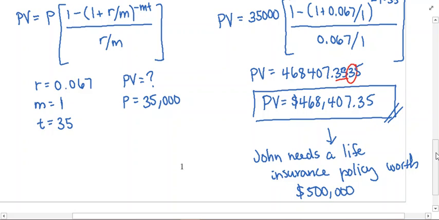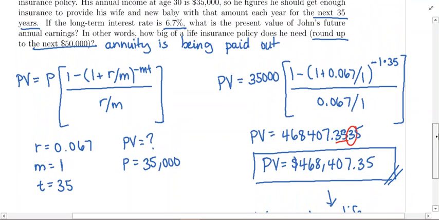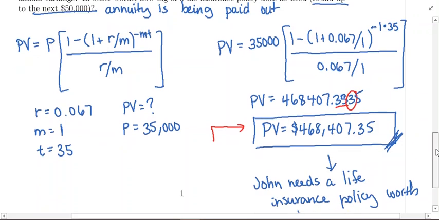All right, so what we're going to do next, I'm going to go back and concentrate on this number because it's the exact number, the $468,407.35. I'm going to use different colors so I can emphasize this to you. What does this mean? We're going to map this out.